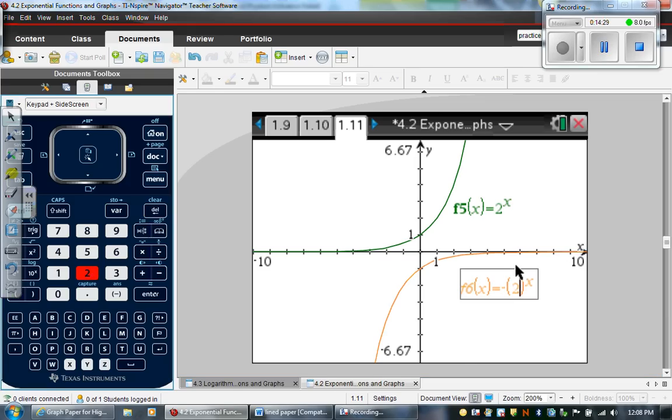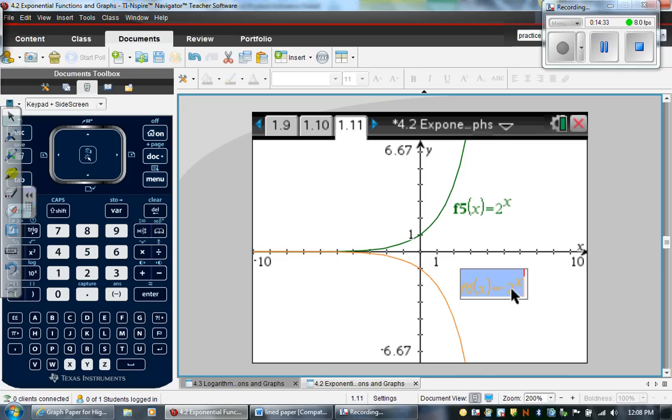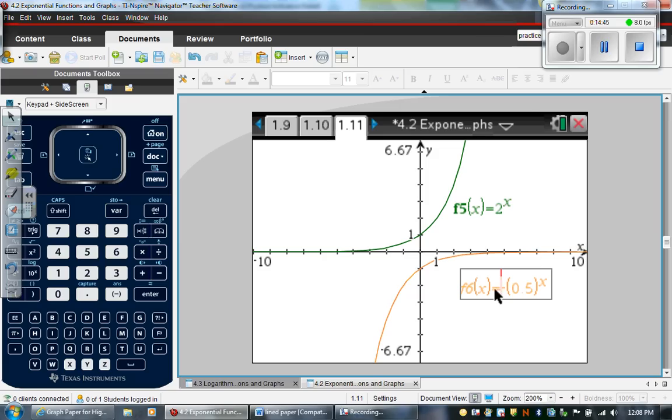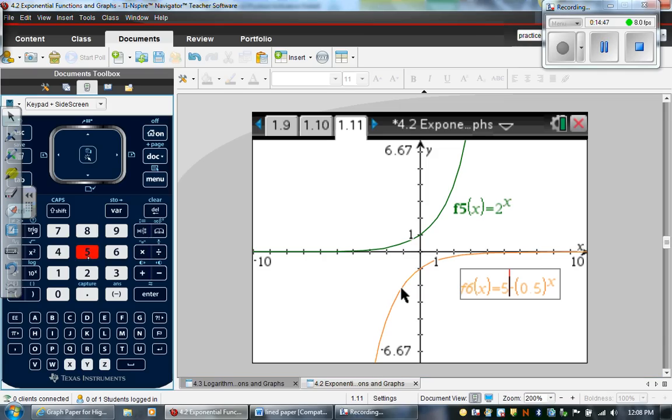Let's say it's negative 2 to the x. Now we've got the reflection in the x-axis. If I now take this and change it to 0.5, okay, we reflect over the y-axis. So reflect in the x, reflect in the y, and now we're going to add on that 5 and shift up 5 units.